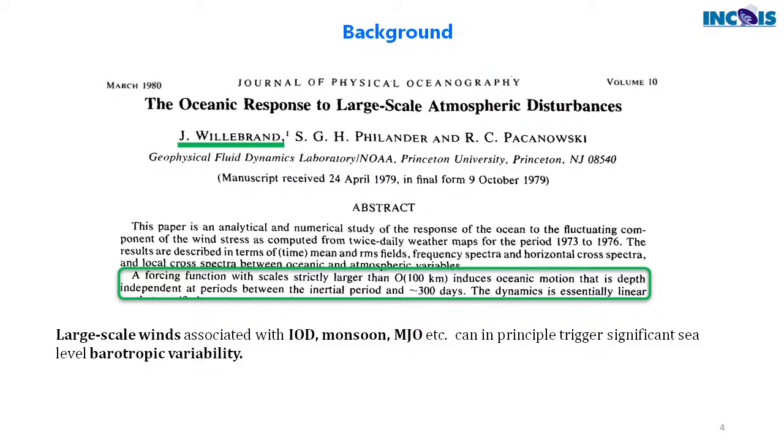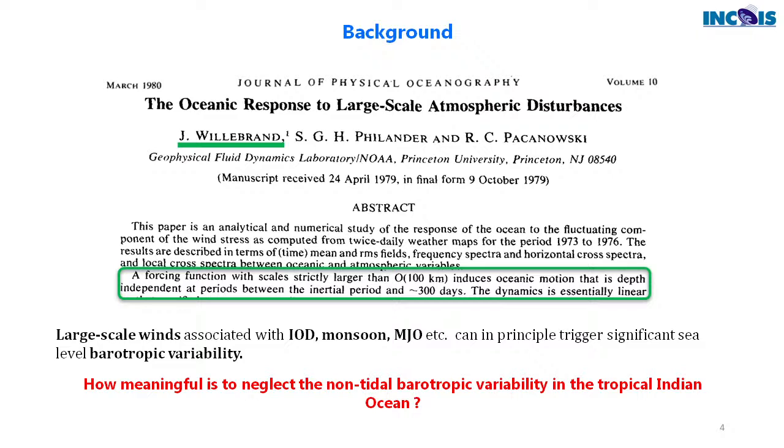But in the tropical Indian Ocean, even though it has winds of large-scale atmospheric disturbance like IOD, monsoons, Madden-Julian Oscillation, etc., we neglect this barotropic sea level variability. According to Willebrand's results, these atmospheric disturbances in the Indian Ocean must produce barotropic variability. So, how meaningful is it to neglect the non-tidal barotropic variability in the tropical ocean? This is a very big question, which I will be addressing here.